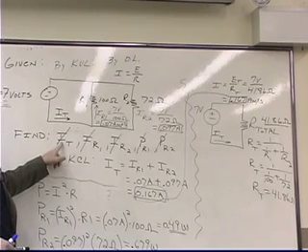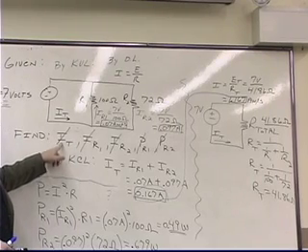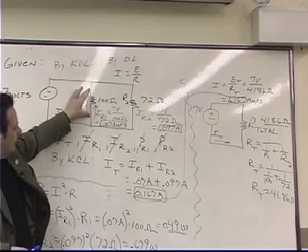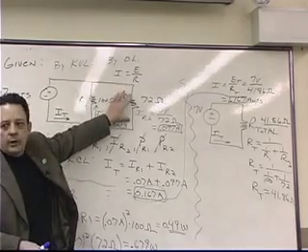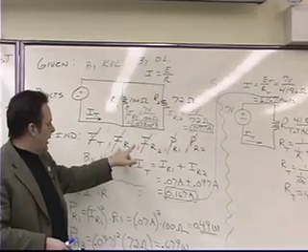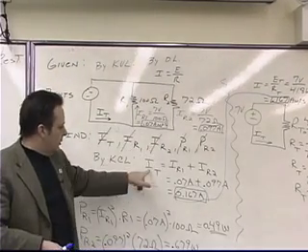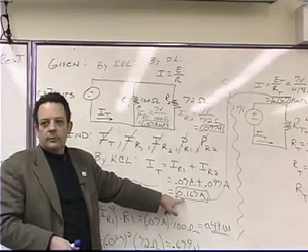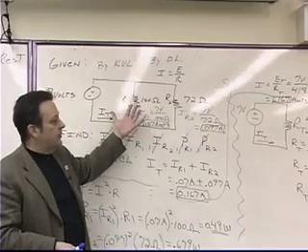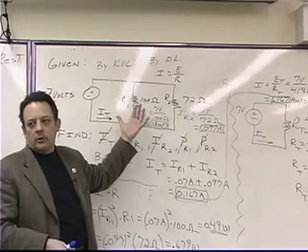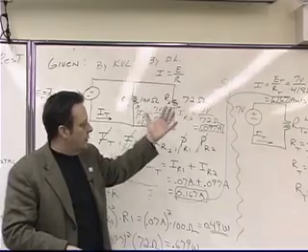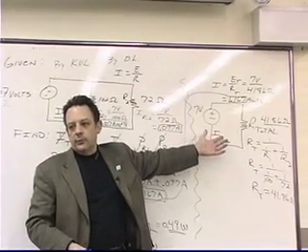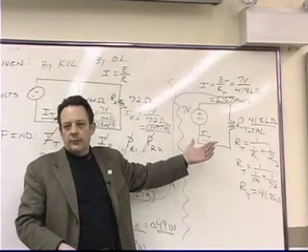The approach I used when I first solved it was to first find this current, then find this current, and then by adding these two currents together, I find my 0.167 amps. So it doesn't really matter whether you do it using Kirchhoff's current law and Kirchhoff's voltage law, or using the formula for the total equivalent resistance. You're still going to get the same answers.